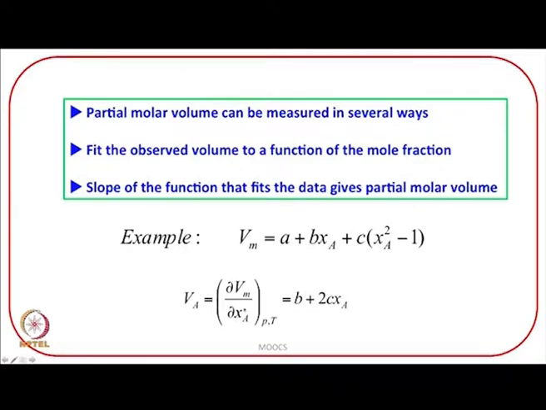Why with respect to XA? Because XA depends on Na. XA is equal to Na over the total number of moles. So when you take the derivative of this, the partial molar volume will be B plus 2 times C times XA. So this is the way to determine the partial molar volume.